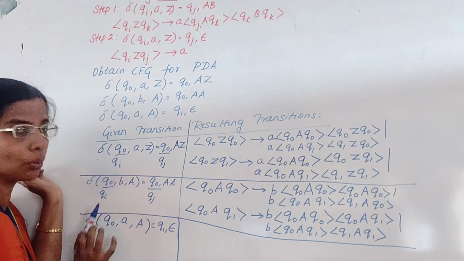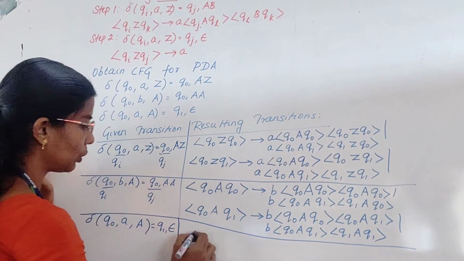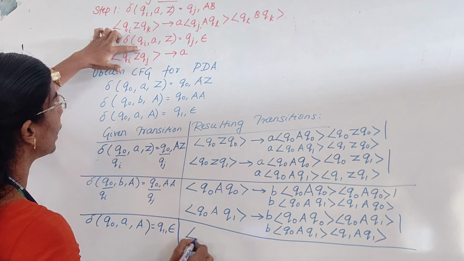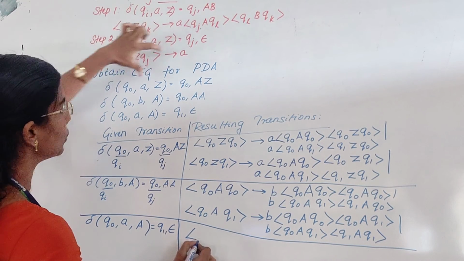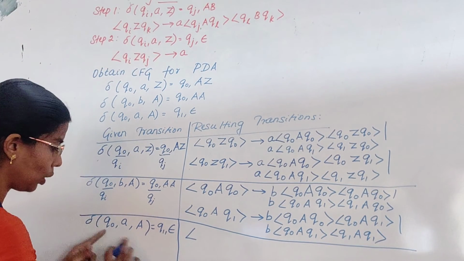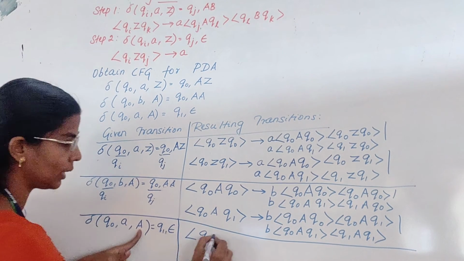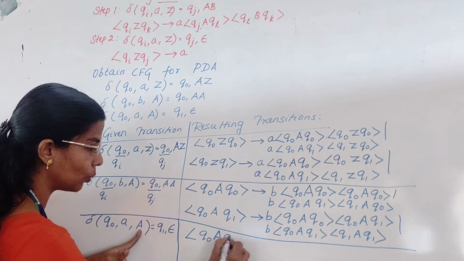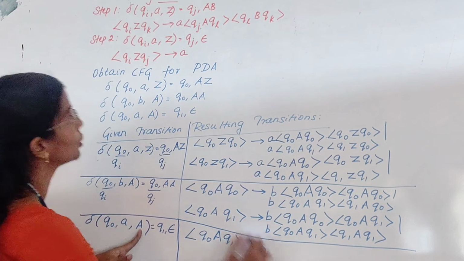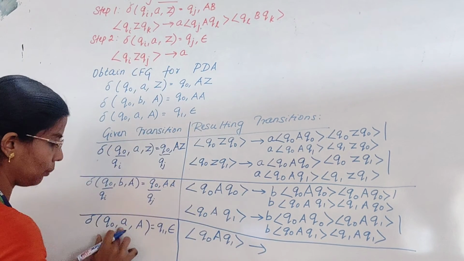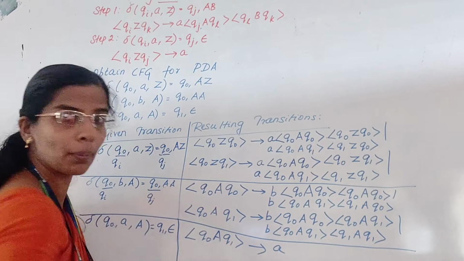Q naught, Q1. So how to write the transition? Qi set Qj. Now write Q naught, in the place of set I have A, then Q1 tends to input symbol. So here the input symbol is A.